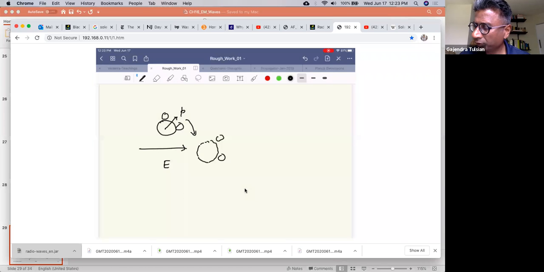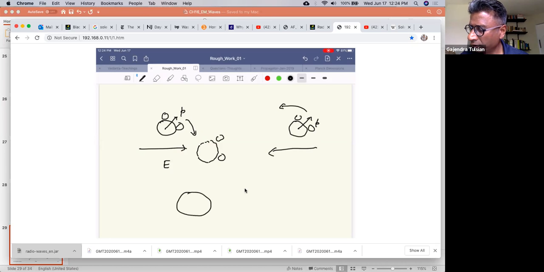Now let's switch the electric field. Initially it was trying to turn the molecule this way, and now it'll try and turn it that way. So if you have an electric field that's going back and forth, it will grab hold of this water molecule and jiggle it back and forth like this.